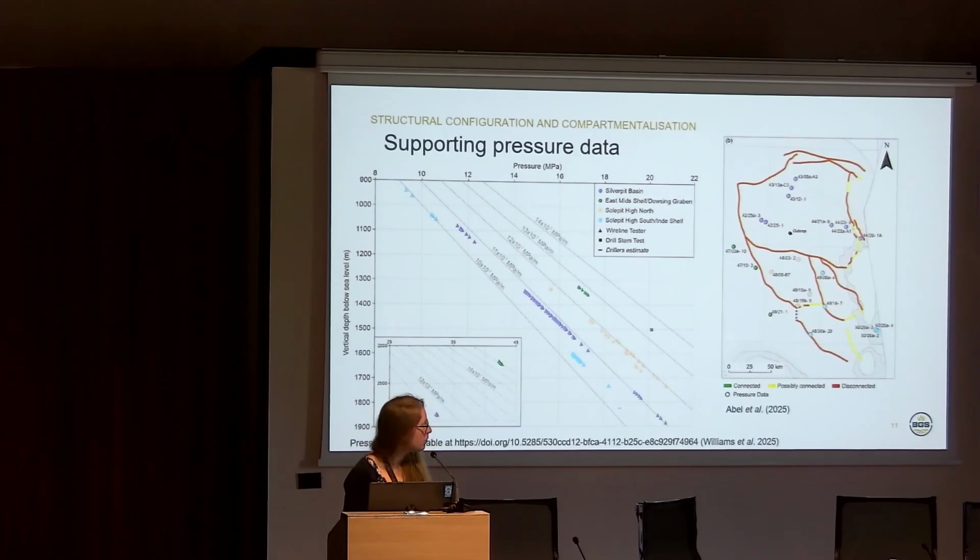And you can see there's quite clear pressure gradients here, and the colours match the map on the right. They correspond really nicely to the different basins. So as Owen said, over geological time, we think you've got different pressure gradients in these basins. So this was the structural study that we looked at.